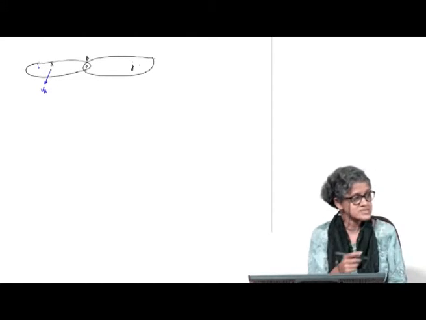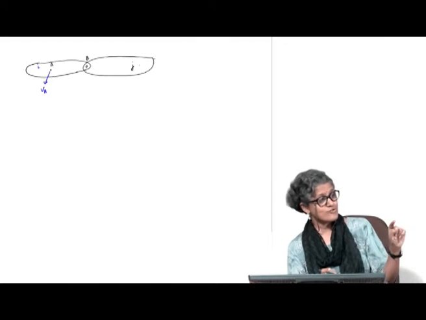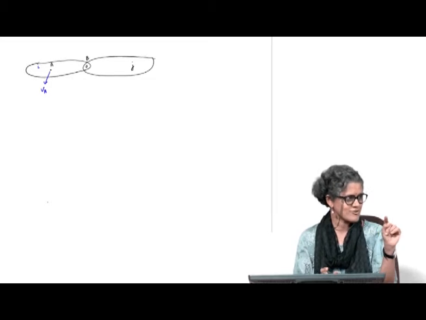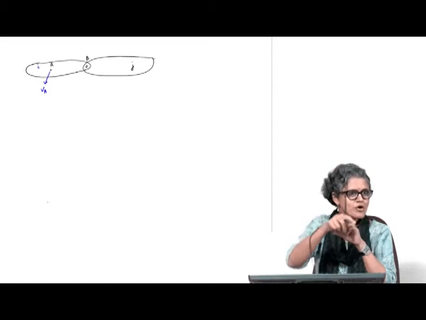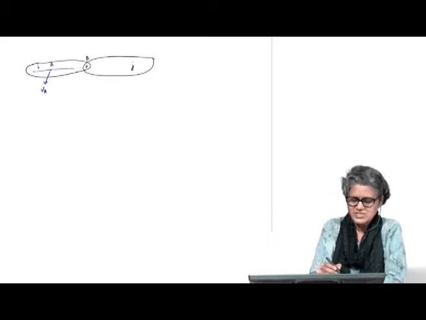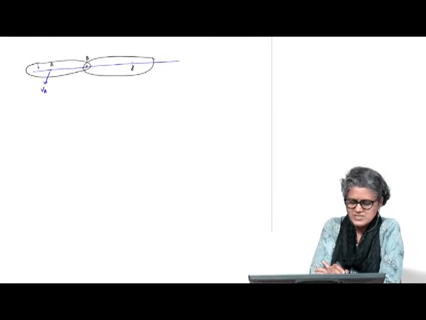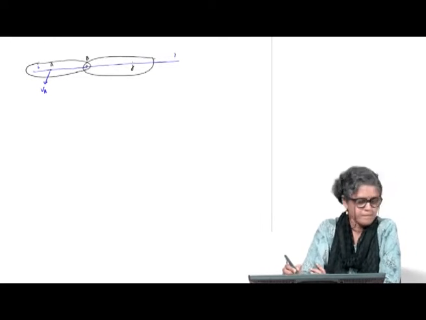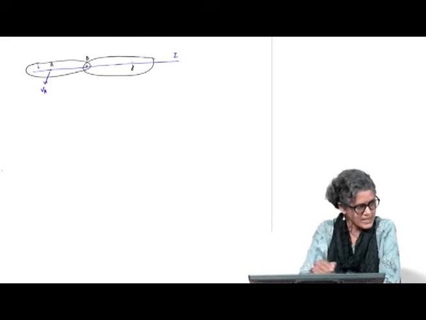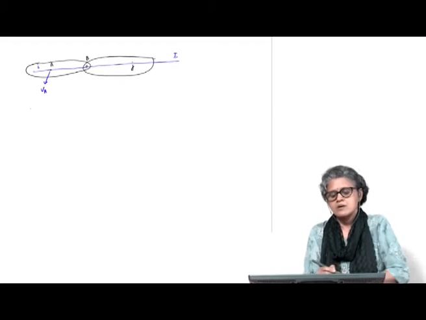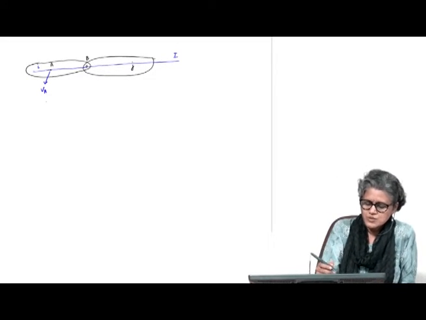But in some cases, I may not know the full velocity of A, but I will know a certain component of A. So in that case, I will draw it along that component which I know, which we will see when we do the example. So in the general case, I could essentially take a line passing through A and B, and C would be another point that I take on the same line.